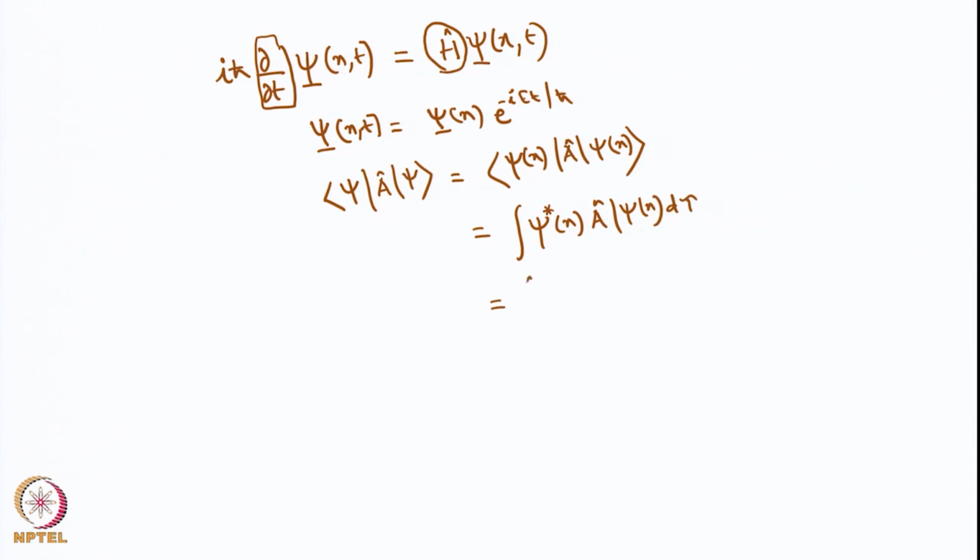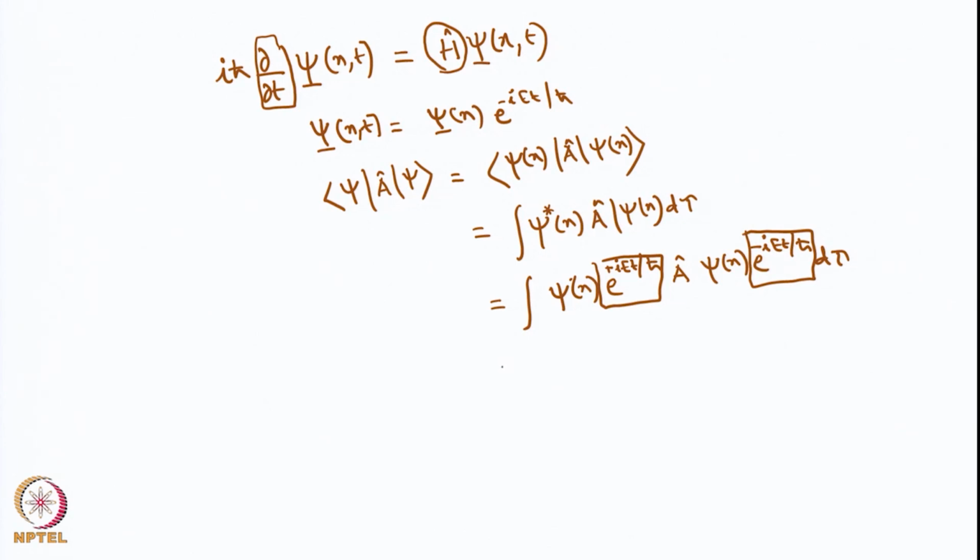So this is nothing but psi of x, I can always multiply by e to the power of plus i E t by h bar, A, and psi of x multiplied by e to the power of minus i E t by h bar d tau. Because when I multiply this and this, of course I am multiplying by e to the power of 0, that is equal to 1.